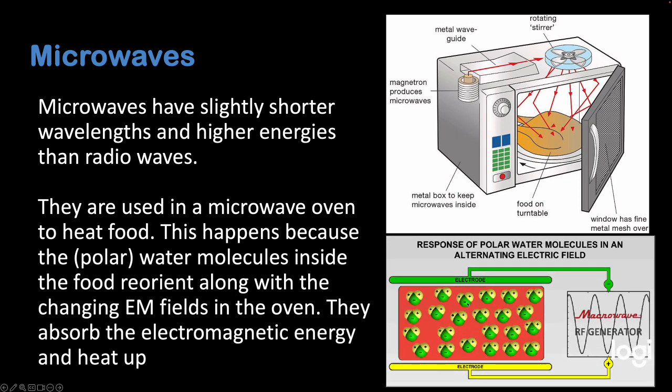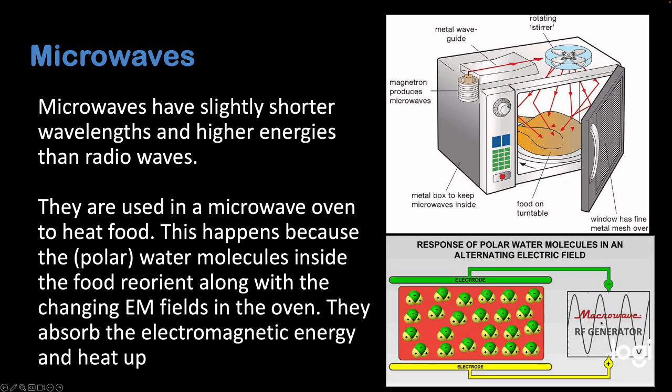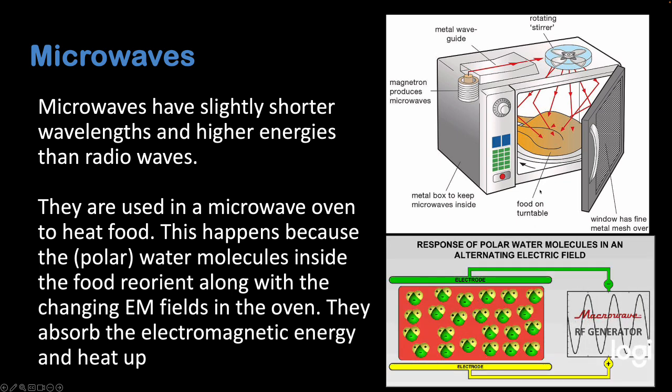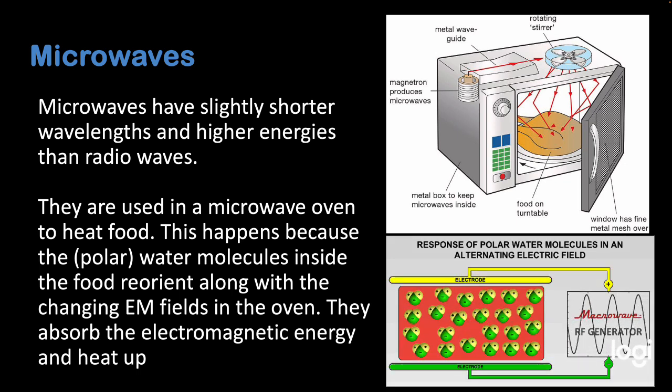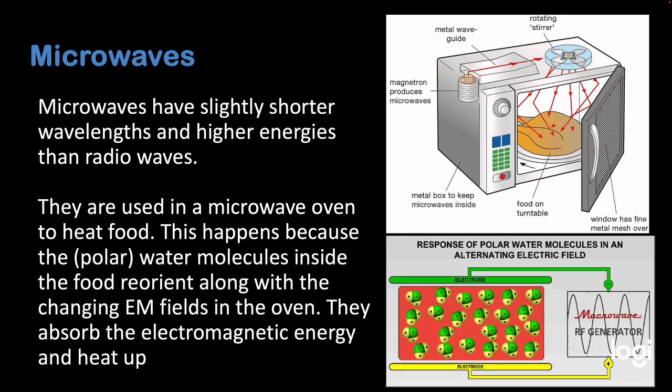polar molecules align with the electric fields that we're putting into this oven, then they will oscillate back and forth within the food, and that creates a lot of friction. The water molecules are absorbing this energy from the electric field.